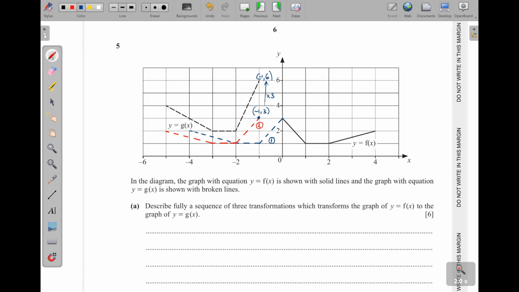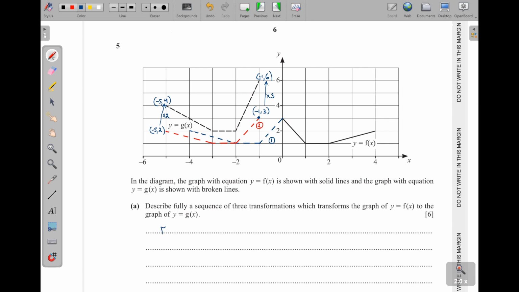That is times 3. Let us look at another one here. This one here is -5 and then 2. But then this point here is -5. The x is not changing, but the y is the one that is changing by multiplication. This one is 4. Do you also see that from 2 to 4, they multiplied by 2? So that is a stretch in the y direction.